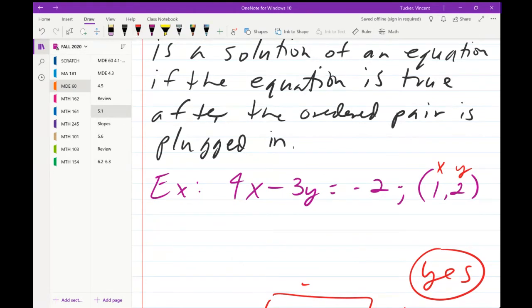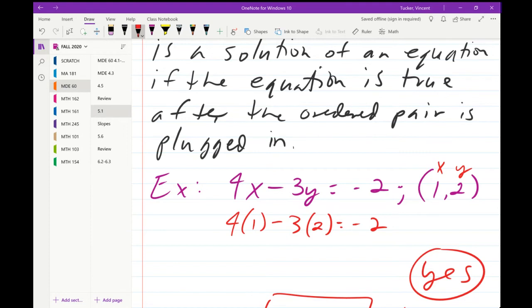So if you have 4x minus 3y equal to -2, and they ask you if 1, 2 is a solution, then what you would do is plug in 1, 2 accordingly. And remember, in your ordered pair, you know that the first value is x and the second value is y, because that's what will always be as far as ordered pairs are concerned.